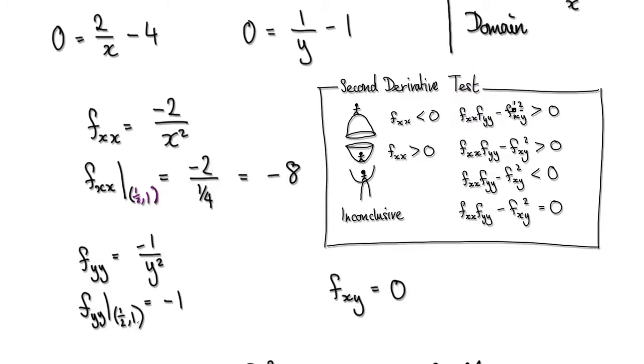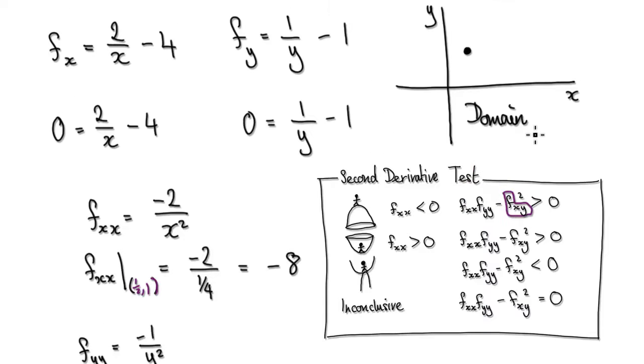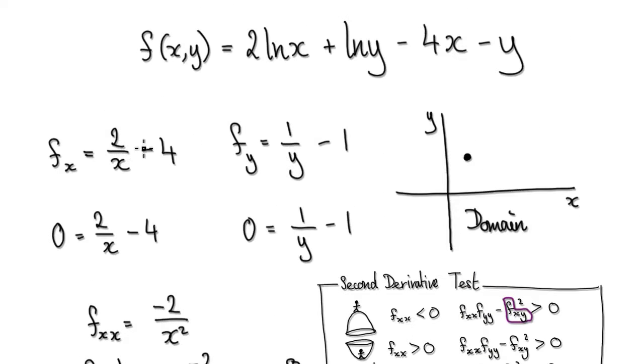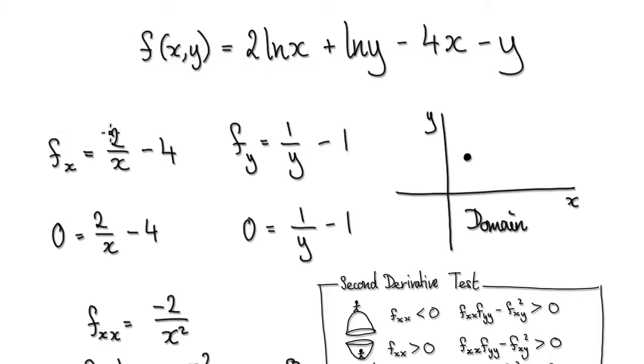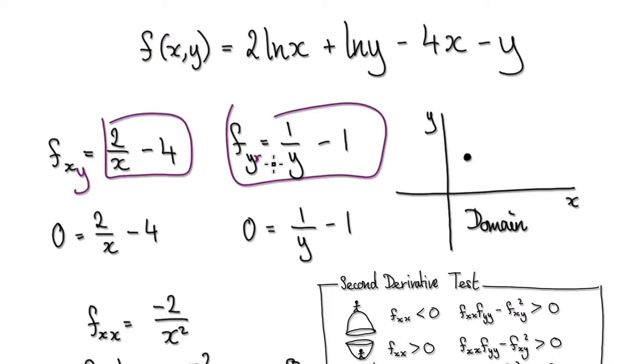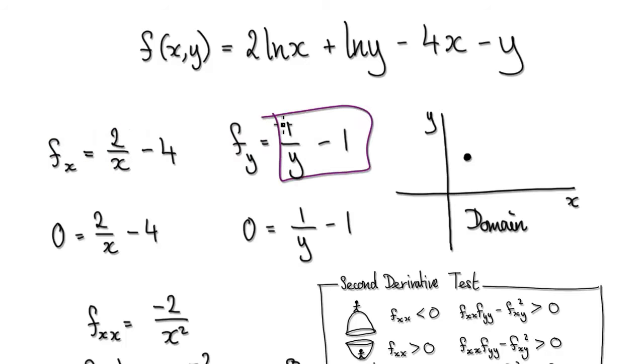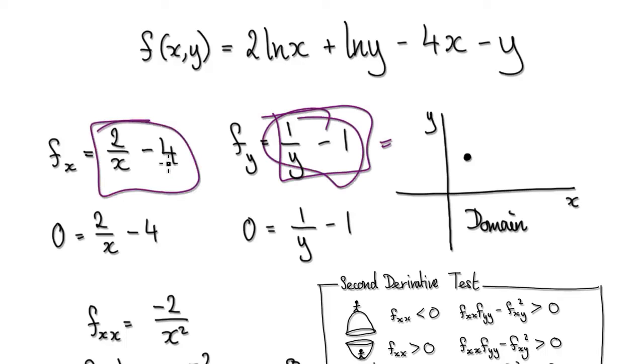Okay, but we need to look at this quantity here, fxy. Remember fxy is the same as fyx. We've done this before, and I'm expecting you to know this. So you can either differentiate this with respect to y, or differentiate this with respect to x, because these two are the same. If you differentiate this with respect to x, it would be 0, because there's no x in here. Differentiate this with respect to y, it will still be 0, because there's no y in here.